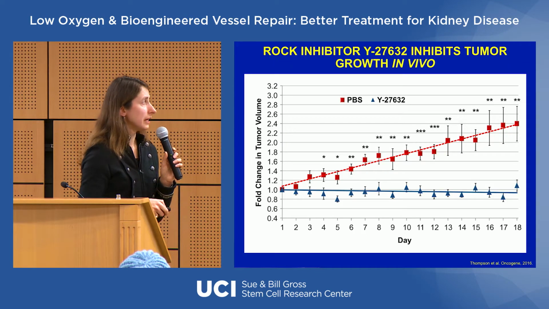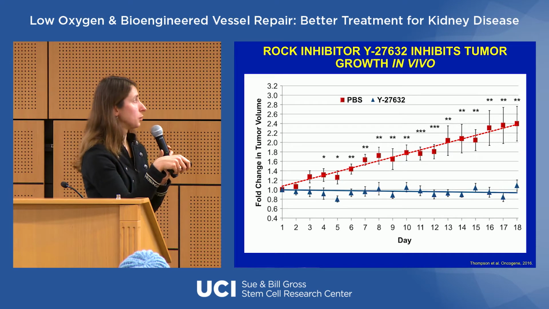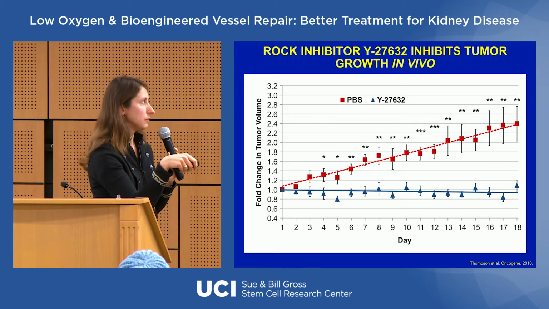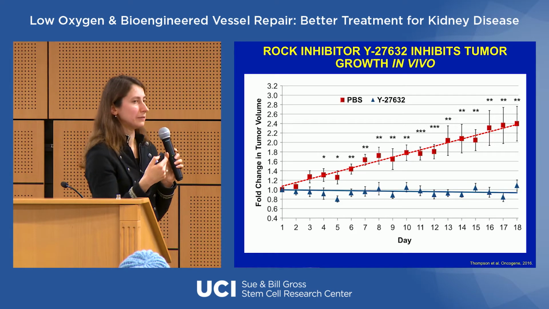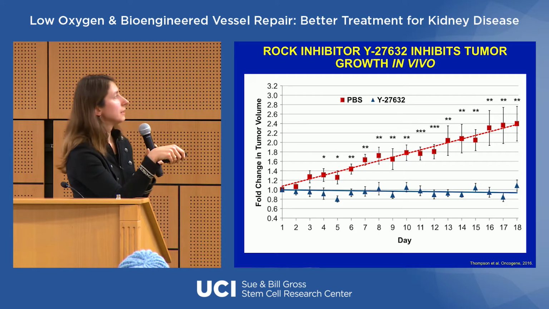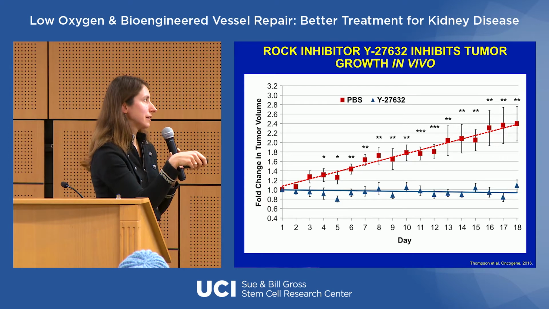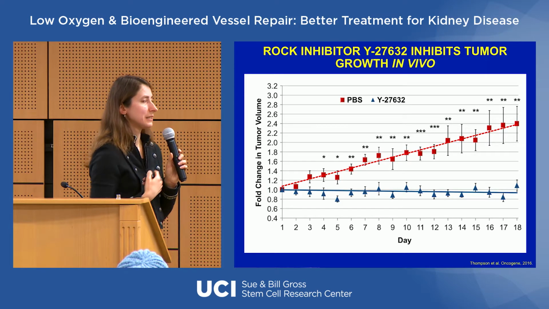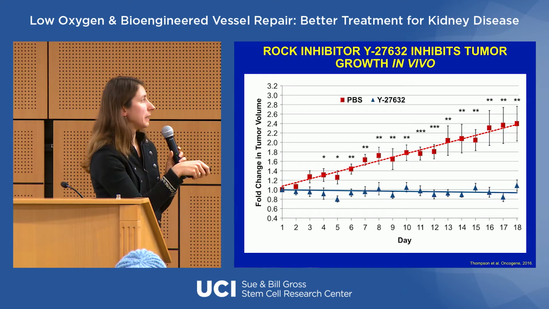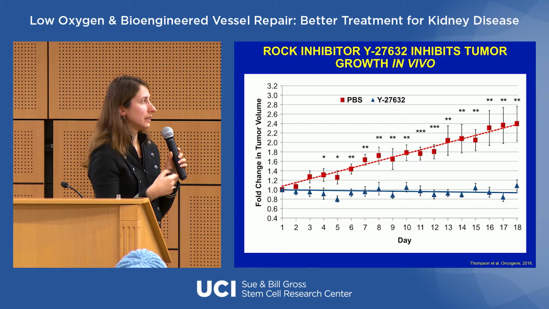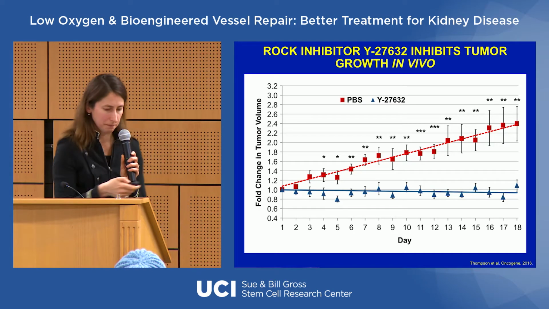How does this look in the animals? If we treat the animals with just the salt solution, where we usually dissolve the drug, so this is a no-drug treatment group, then the tumor steadily grows. But if we treat with the drug, then the tumor volume stays the same.